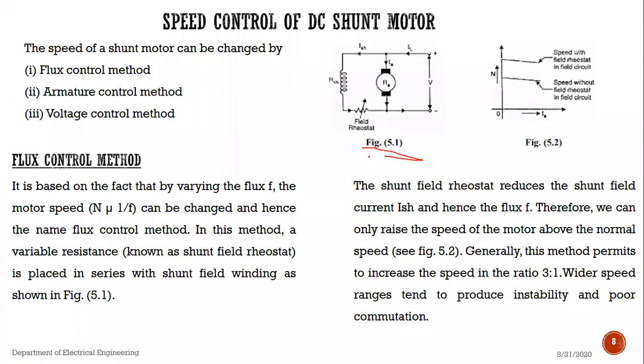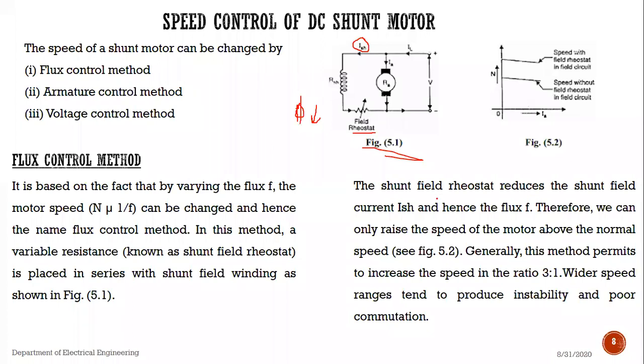Now, what is the procedure, how does it have an effect? Once we vary the resistance using the rheostat, it will reduce the shunt field current. If our shunt field current is decreasing, what will happen to the flux?